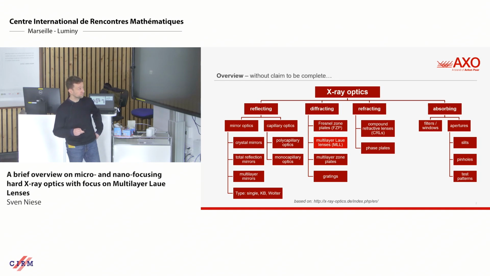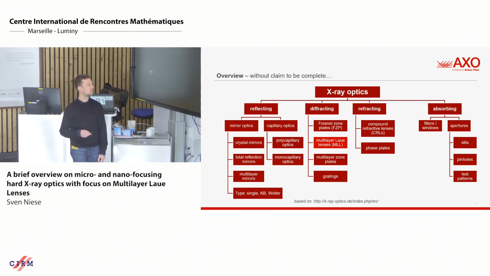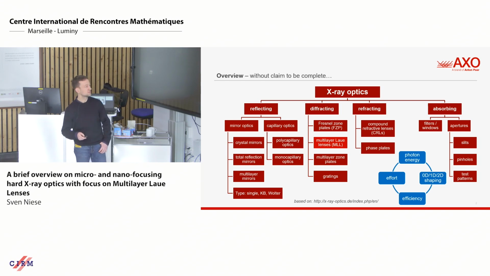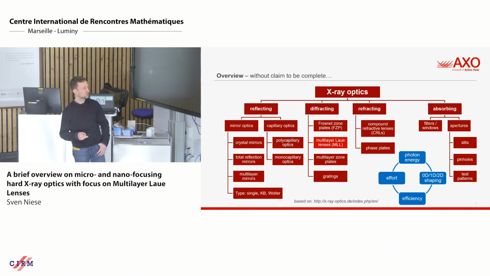Refracting optics, and also quite simple, some optics that are absorbing or phase shifting also belong here. Except for this, one has to consider the photon energy that you want to work with. If you want to do some beam shaping in 1 or 2 dimensions, of course efficiency is always interesting, and then also the effort to manufacture those optics.